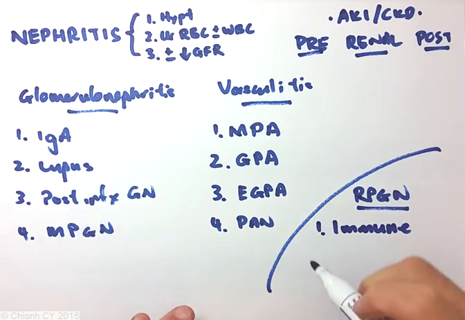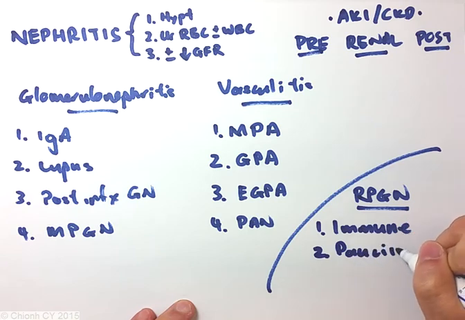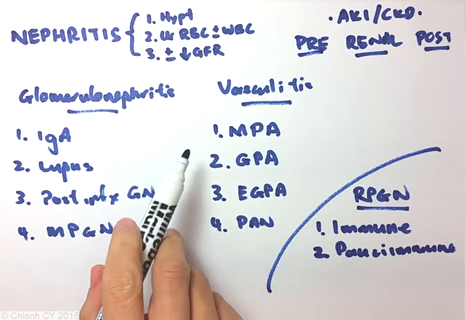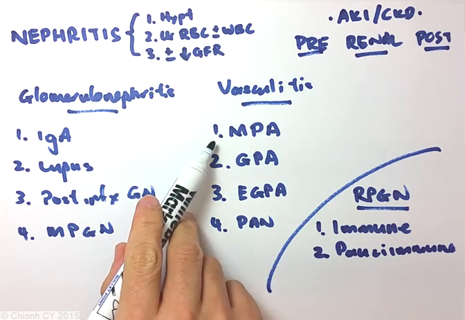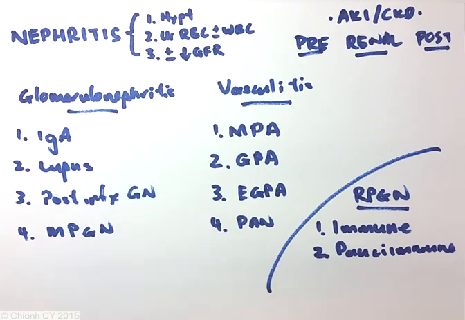A crescentic GN can also be due to a pauci-immune condition, and this would be related to conditions such as your microscopic polyangiitis or granulomatosis with polyangiitis.